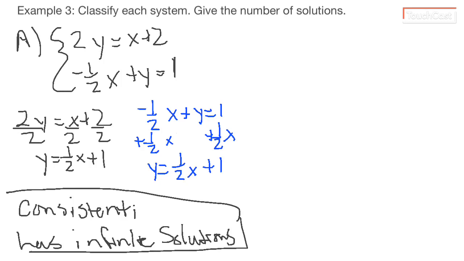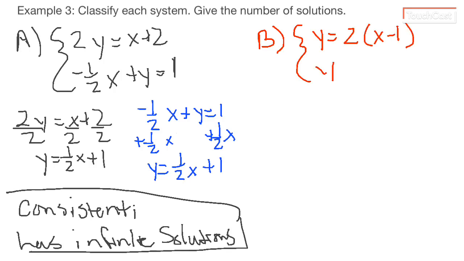Pretty neat. Let's look at another system. We'll call this example 3b, that I'll do here in red, where the system is y equals 2 times the quantity x minus 1 and y equals x plus 1.